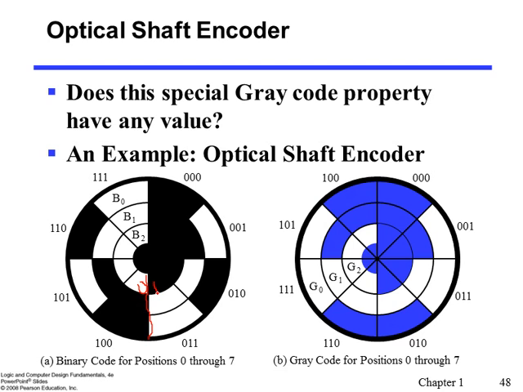And the second bit could be either 0 or 1, depending on the position of the light source. And the least significant bit, B0, could be either 0 or 1. So depending on the position of the light source, each bit has either a 0 or 1 condition. So it could be read as all zeros, 0, or all ones, 7. So it could be any value between 0 and 7.